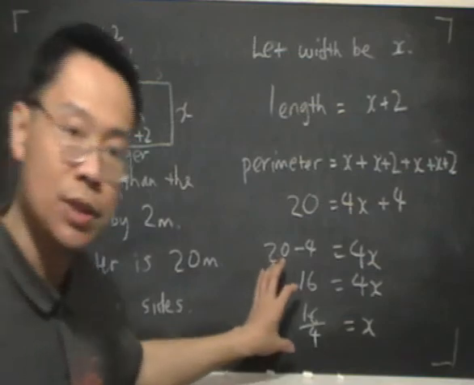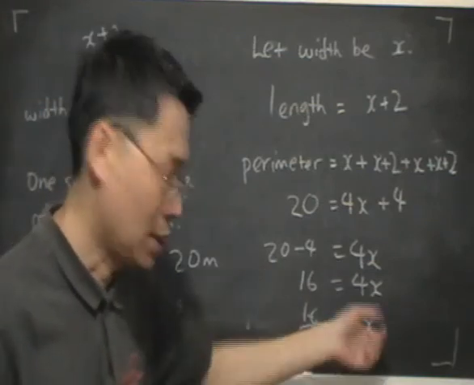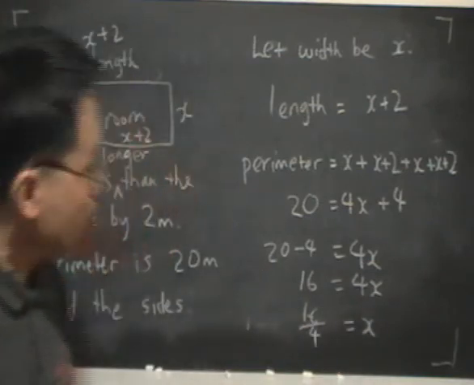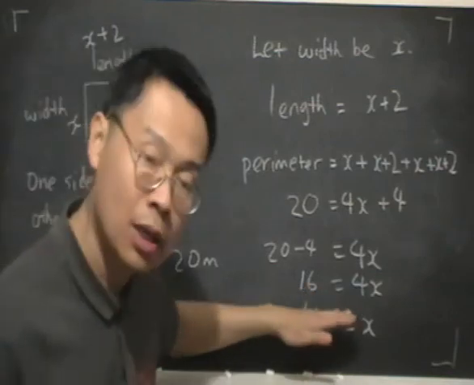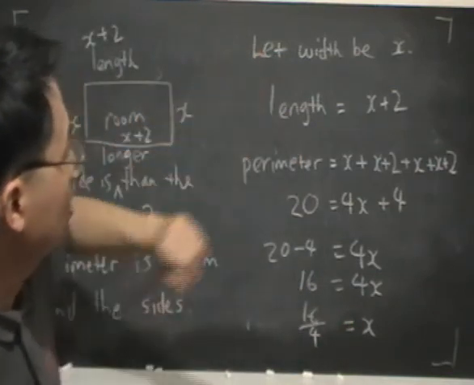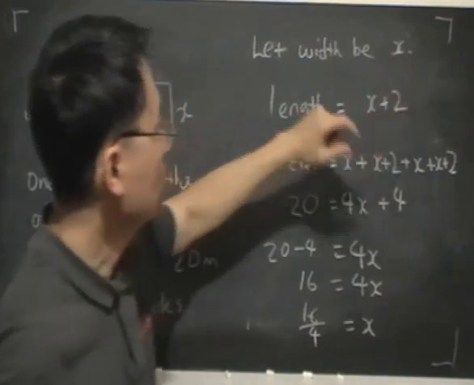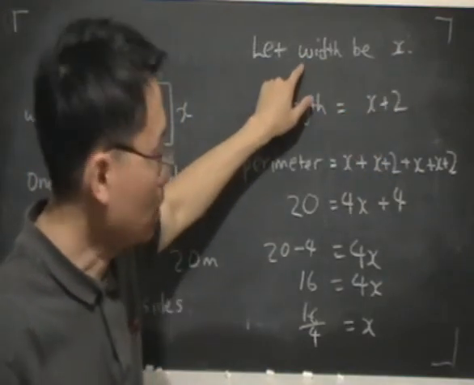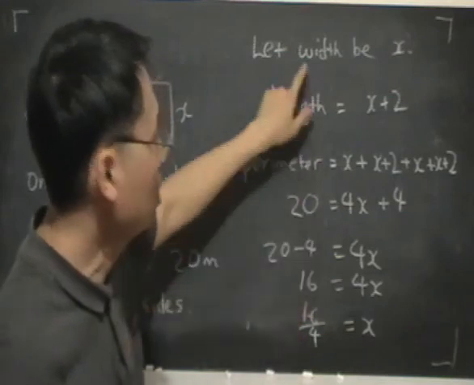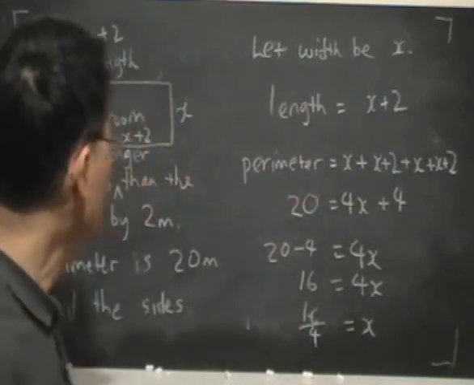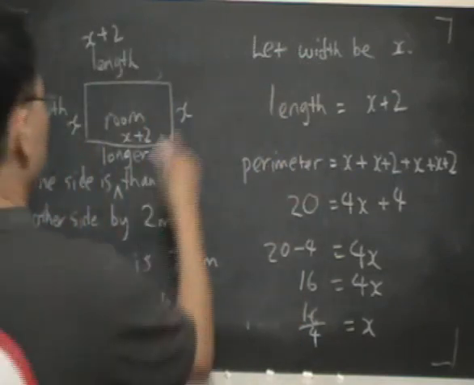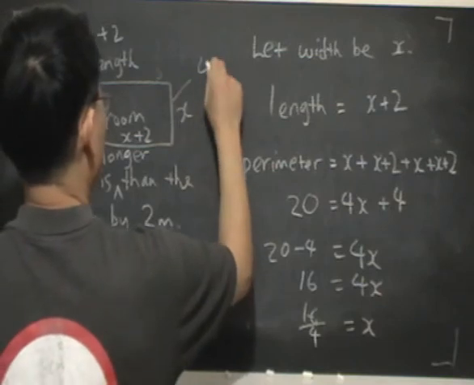So we have our answer that x is equal to 4. Now if we look back at the earlier part of the working, x is supposed to be the width. So this means that the width is 4 meters.